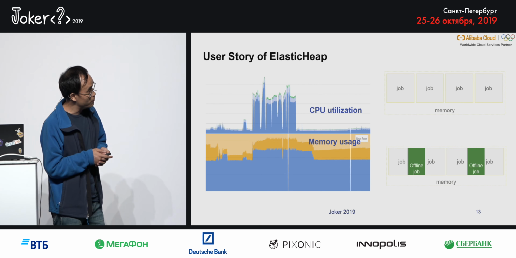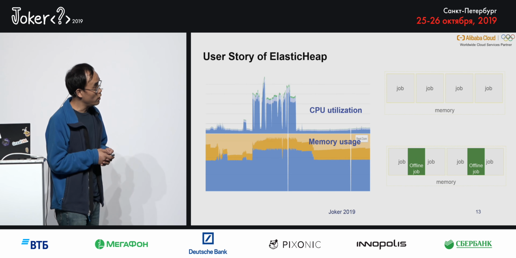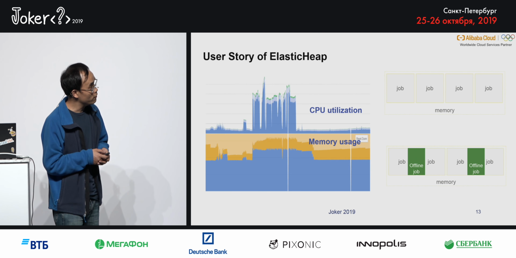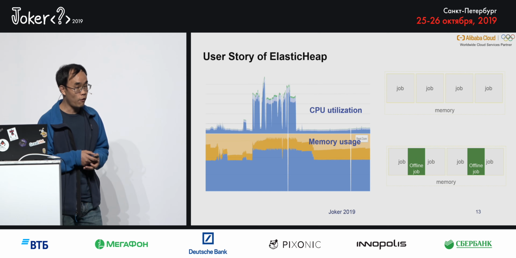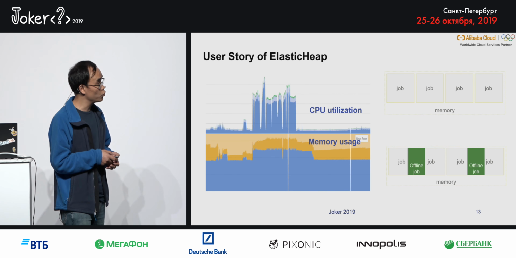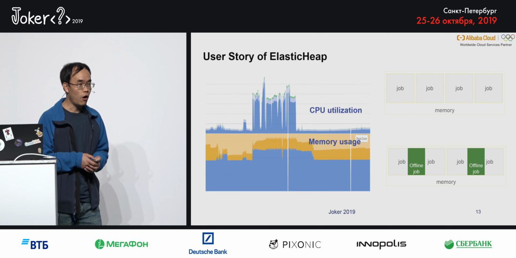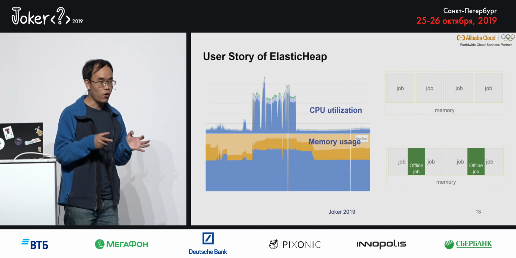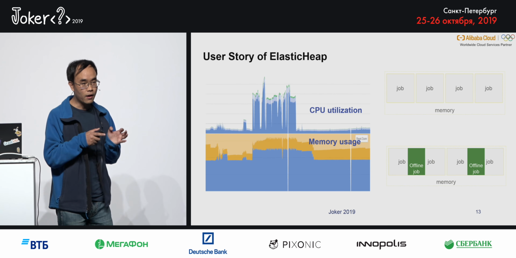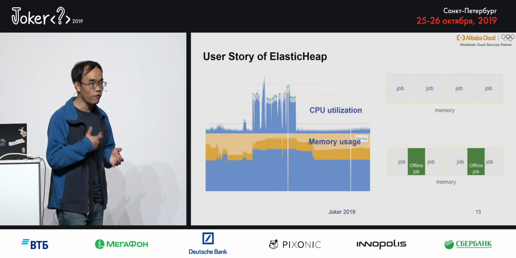You can look at the picture on the bottom. In this scenario, we have 6 jobs: 4 online jobs and 2 offline jobs. The offline jobs are batch-oriented and low priority. But the online jobs are critical for us.